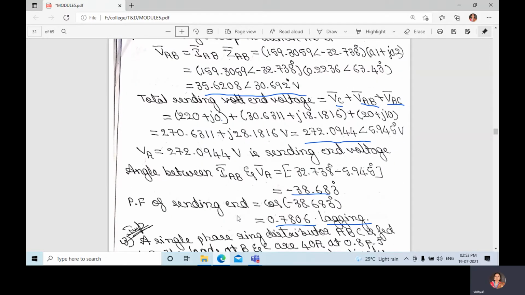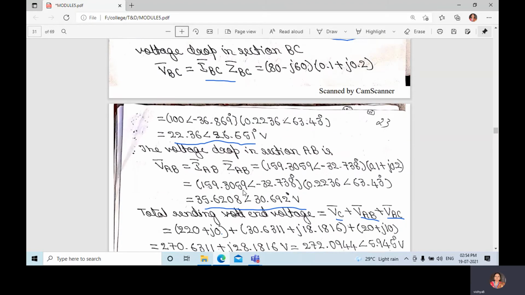The angle between IAB and VA is equal to minus 32.738 minus 5.945, so you will get minus 38.683. They have just taken the angle between IAB and VA. VA angle is 5.945. And what about the angle of IAB?